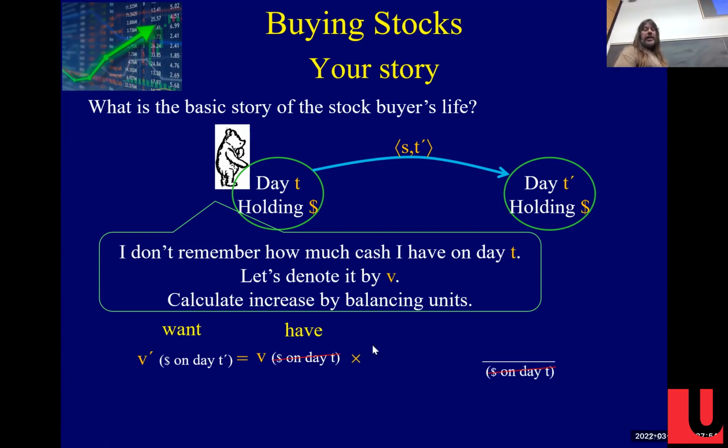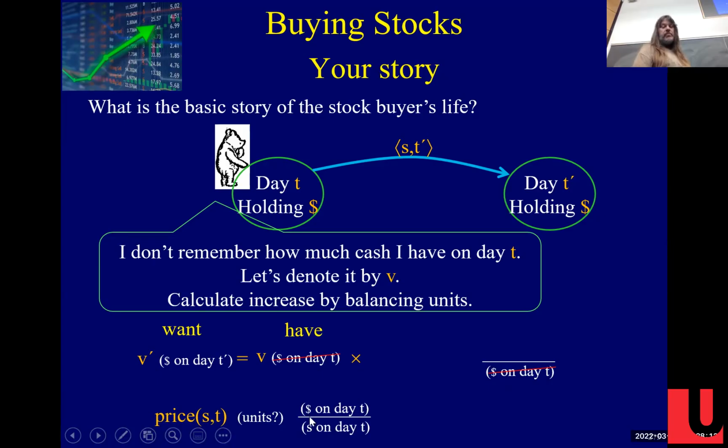So we want to get rid of money on day T, and what do we have? We have these prices. And what's the unit on this? The unit on the price for S is how much money on day T compared to how much stock do I have on day T, right? So here we can put in the price to be how much stock per money, right?